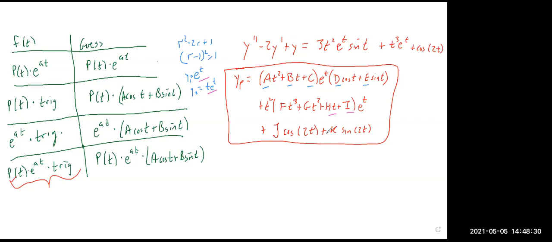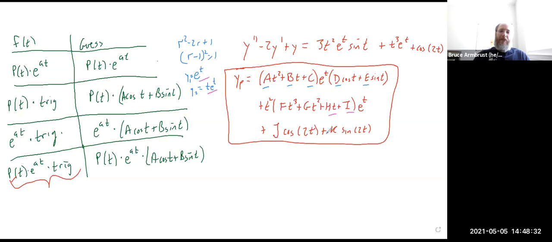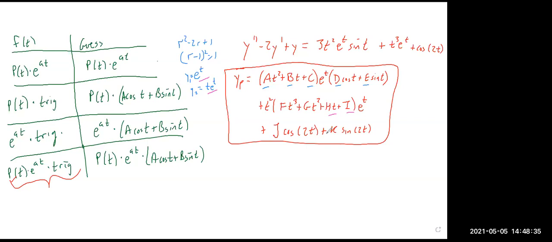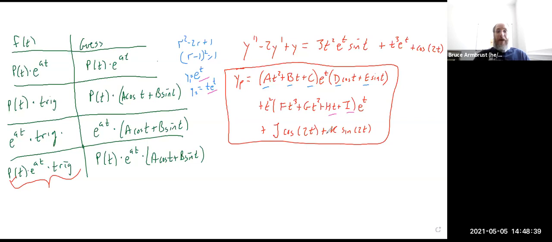Okay. I'm actually kind of glad you asked that, because you're right. Everything I've shown you so far with undetermined coefficients is really three things, right? It's polynomials, exponentials, and when I say trig, I mean sine and cosine, or combinations thereof, mixed together.